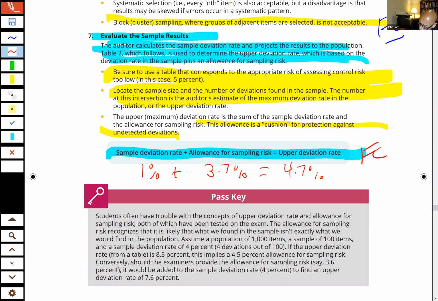Or you could do this the other way: upper deviation rate minus the sample deviation rate equals the allowance for sampling risk, in case we have a question that asks for the allowance for sampling risk, the way that exercise did. So you can flashcard that too.